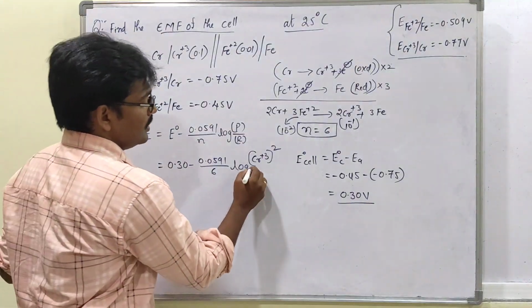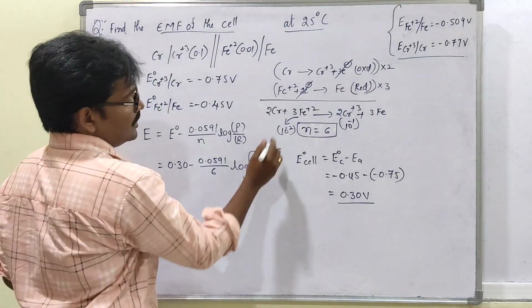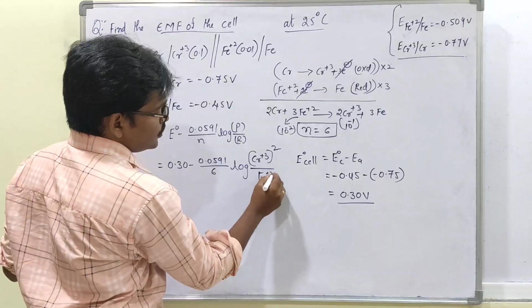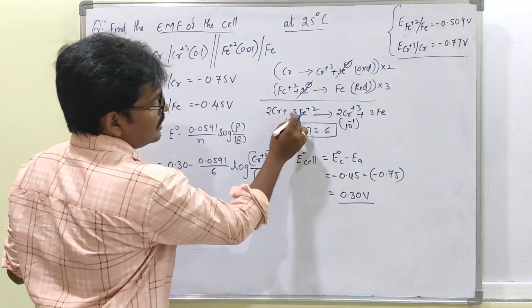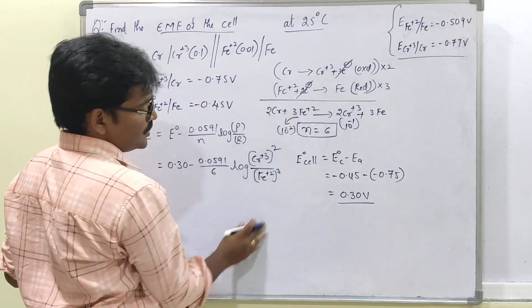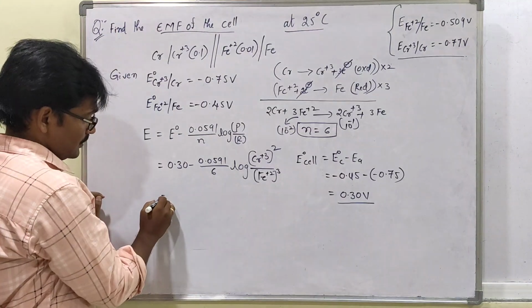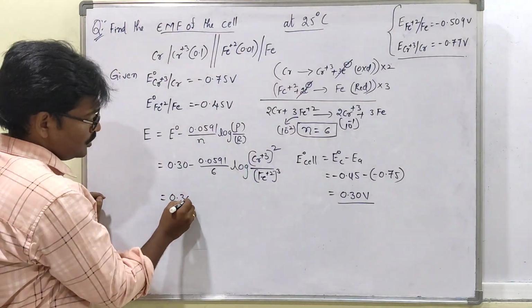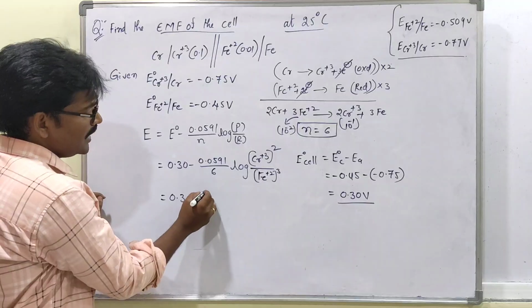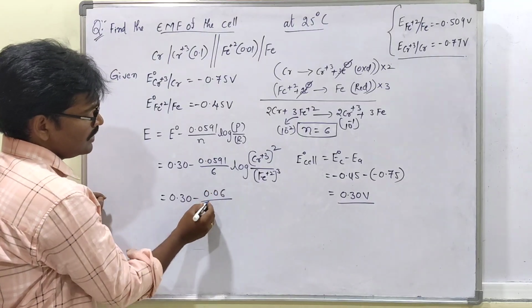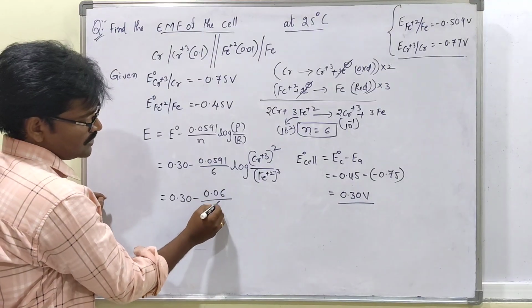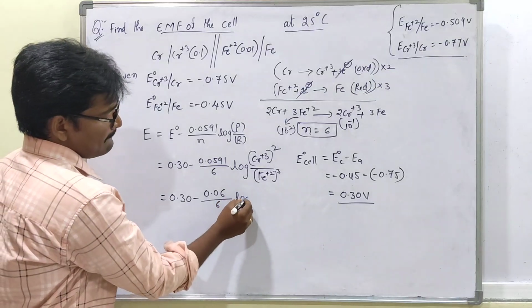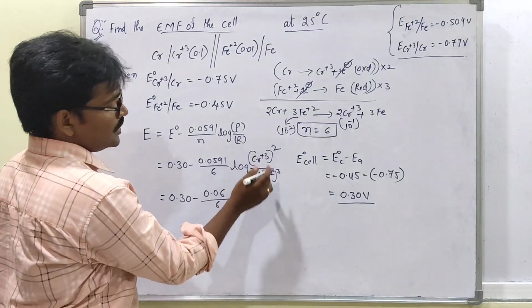Then the reactant concentration Fe plus 2, its concentration also must have the stoichiometric coefficient as a power. So 0.30 minus, then we can take it as 0.06, divided by 6, then log of the concentration, note it.